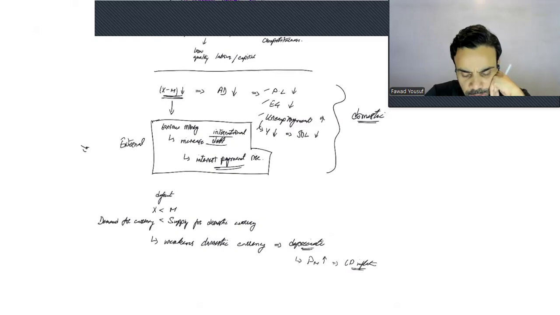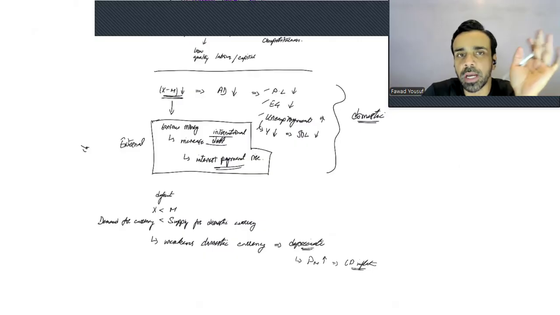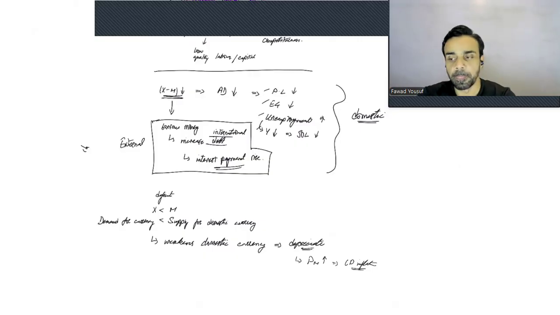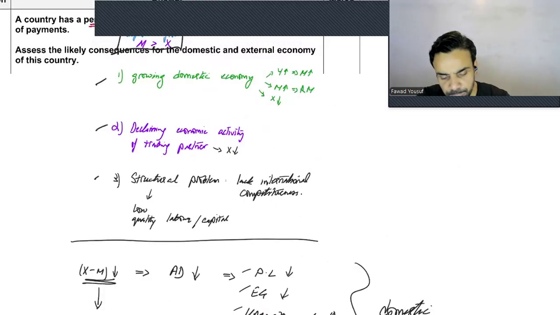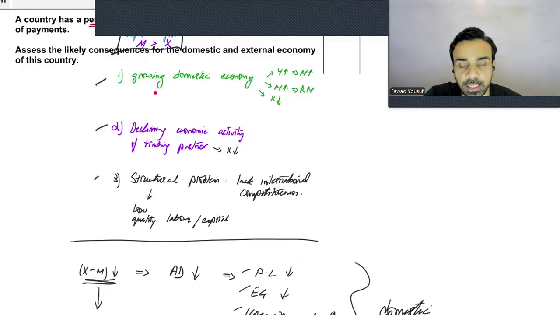Okay. I would not be surprised if students answer this particular question in terms of taking these causes, and then in causes they may break it down into external and internal domestic issues.